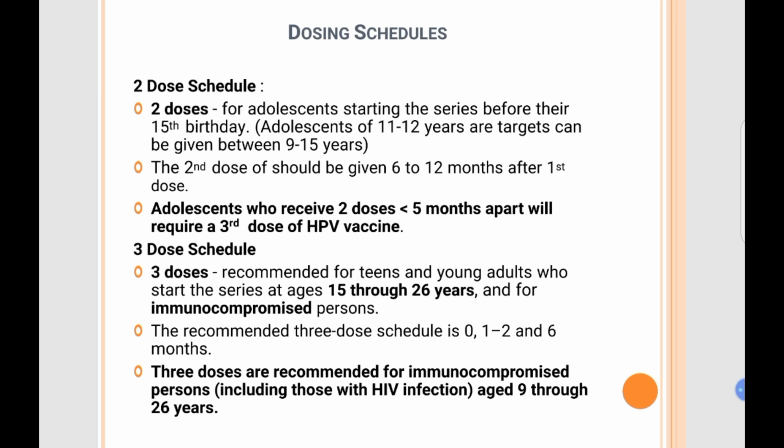And for all immunocompromised persons, even if they start their vaccination prior to 15 years, 3 doses will be required. The recommended 3-dose schedule is 0, second dose after 1 to 2 months, and third dose at 6 months. So 3 doses are recommended for immunocompromised persons, including those with HIV infection, even if their age is between 9 to 26 years.